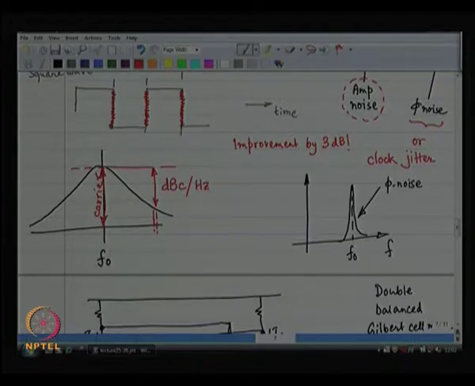at an offset frequency from the center frequency. So, at a 1 megahertz offset, I have got 80 dBc per hertz less than the carrier, minus 80 dBc per hertz, that is my phase noise.